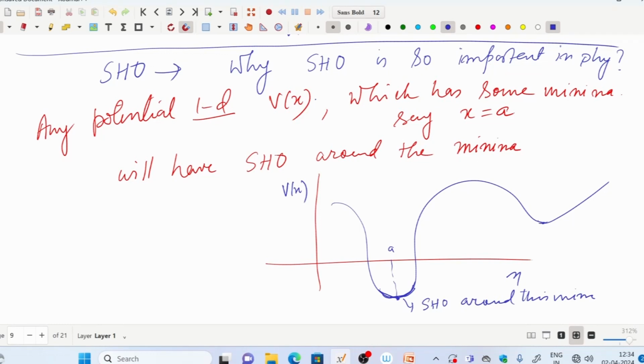That is why small oscillation is so important: an arbitrary potential around the equilibrium position can be replaced by simple harmonic motion. Similarly, the same thing happens for the other minima if present.